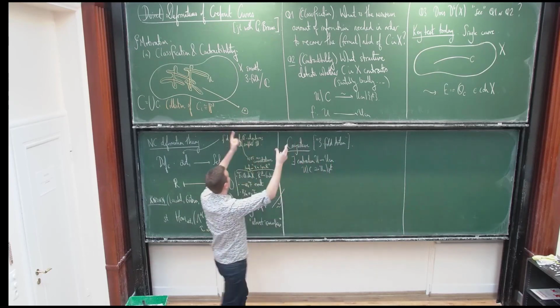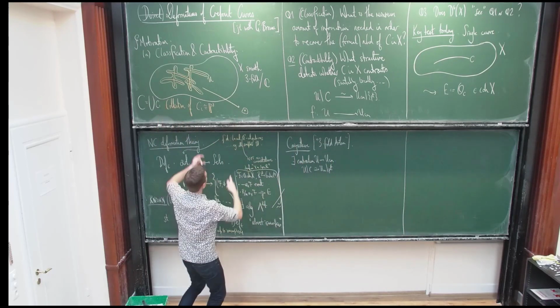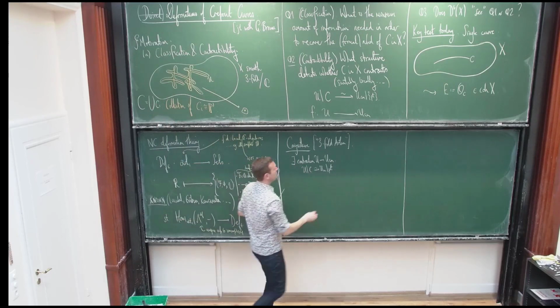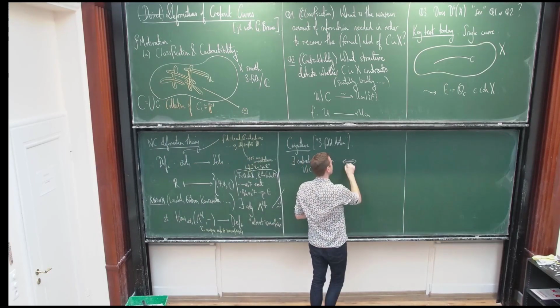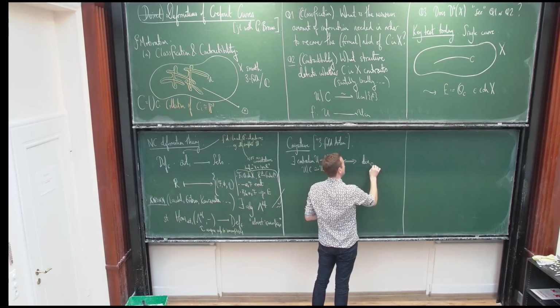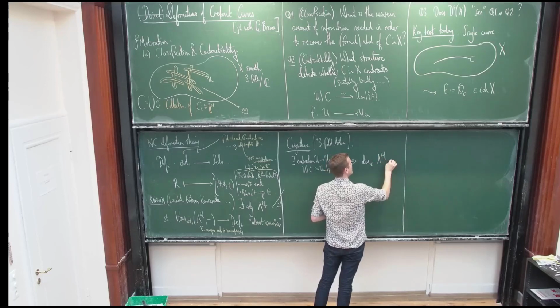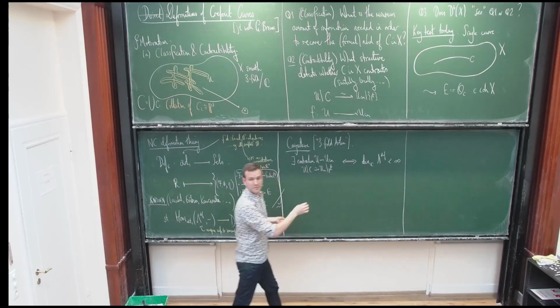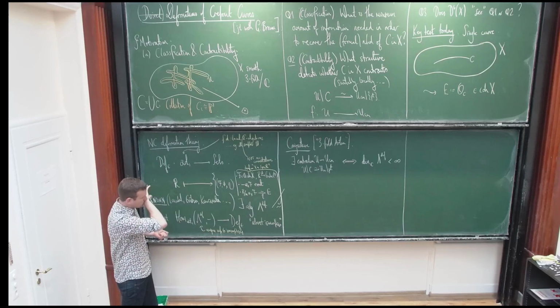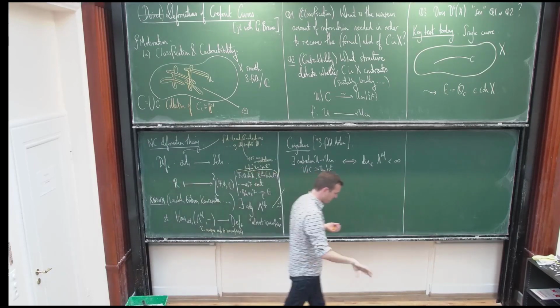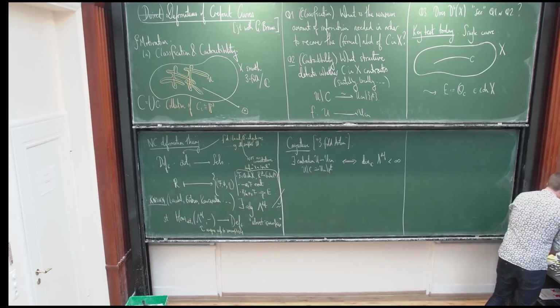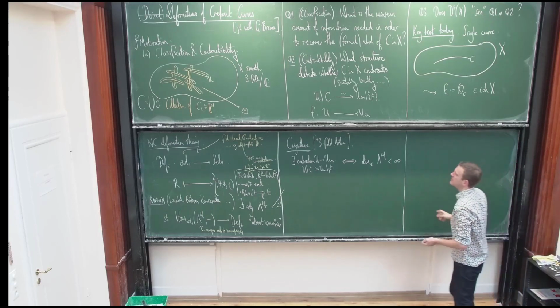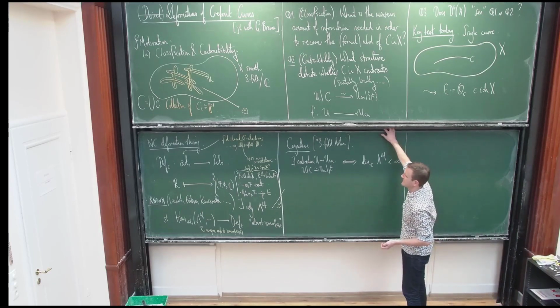So the curves contract to a point, like this picture is beautifully illustrating to you here, if and only if the dimension of this algebra is finite. So conjectures are easy to state.